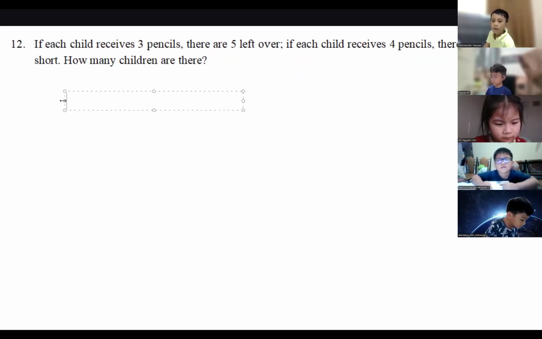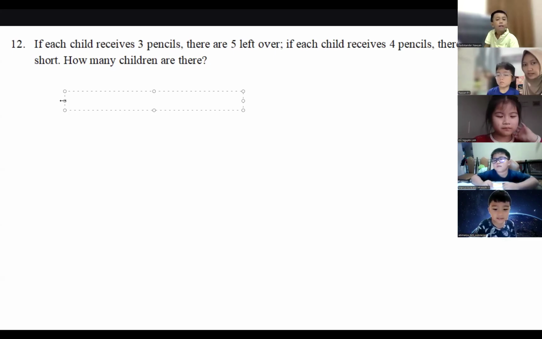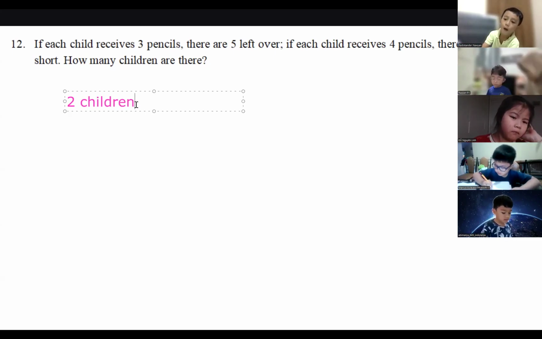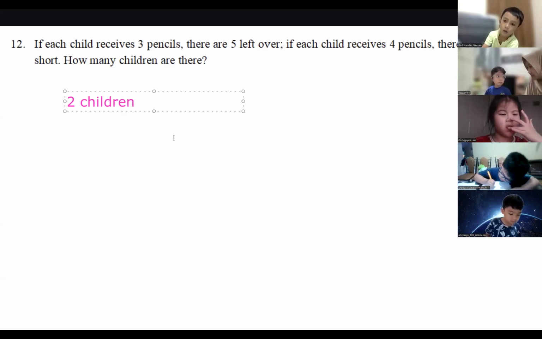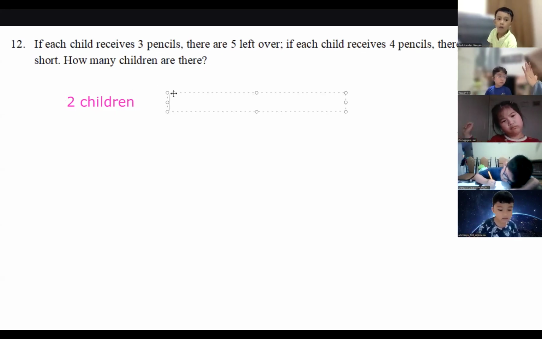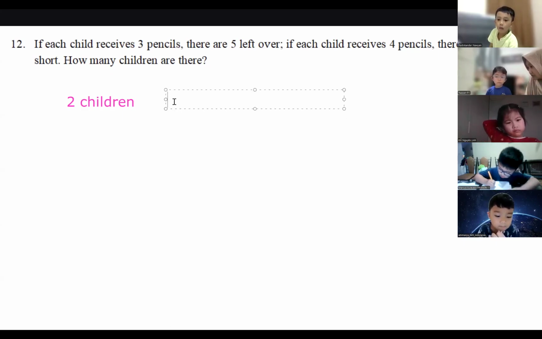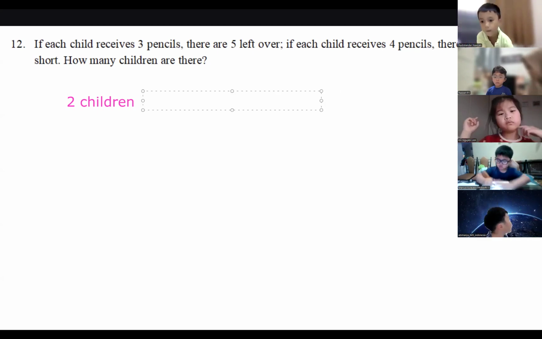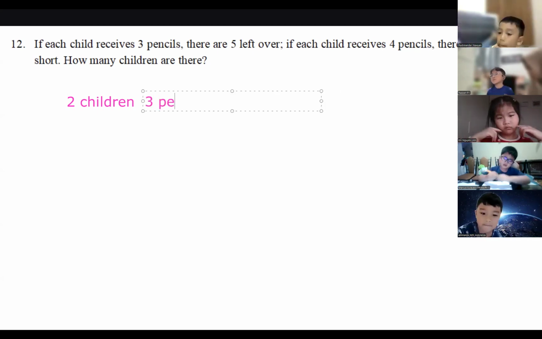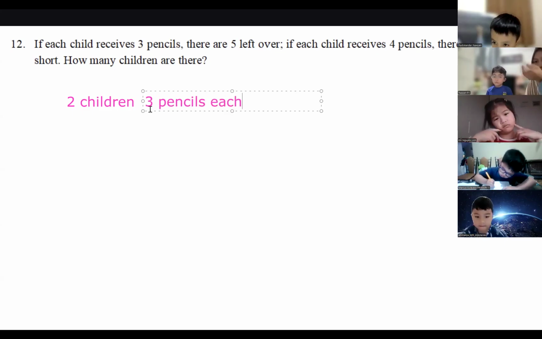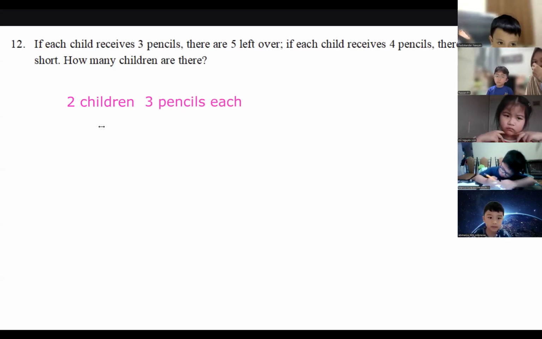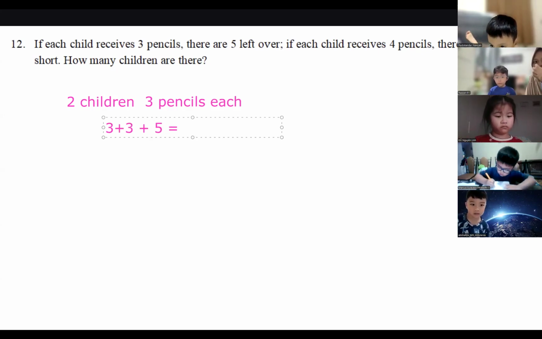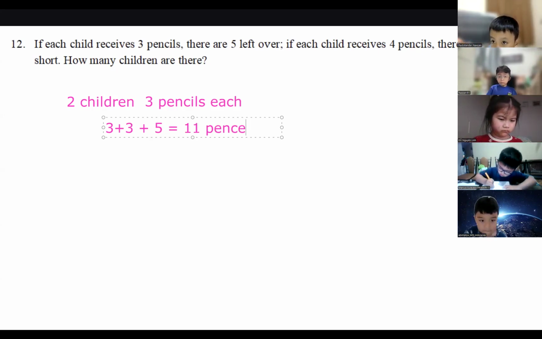So, let's say you have 2 children and they each receive 3 pencils. So that would be 3 plus 3, and then there are 5 left over. So that would be 11 pencils.